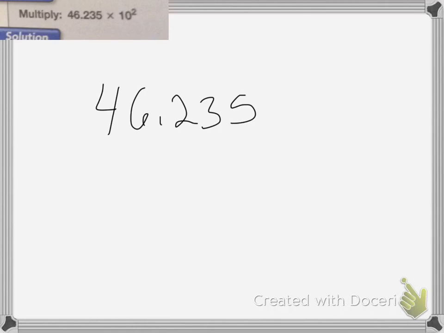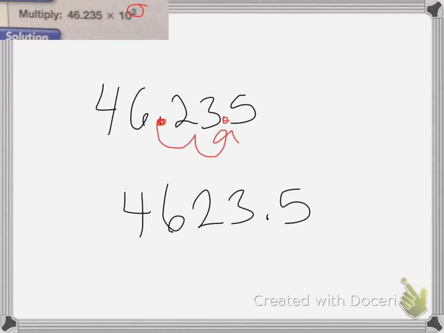So in layman's terms, what we're doing is we're taking this decimal point and we're going to shift it to the right the number of places indicated by the exponent up here. So the exponent is a 2, so I'm going to shift the decimal places 2 places. 1, 2. So my answer is 4,623.5.